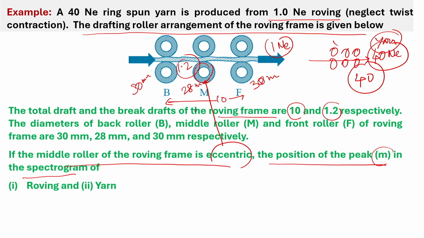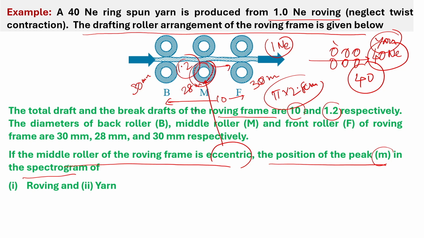Now, try to see: if the middle roller is eccentric, the circumference will be pi times 2.8 centimeter. That will be the periodic fault generated at the middle roller, and then it is drafted by the main draft.